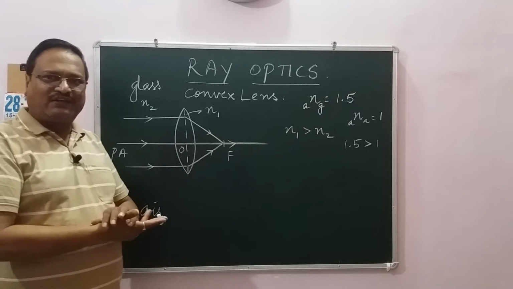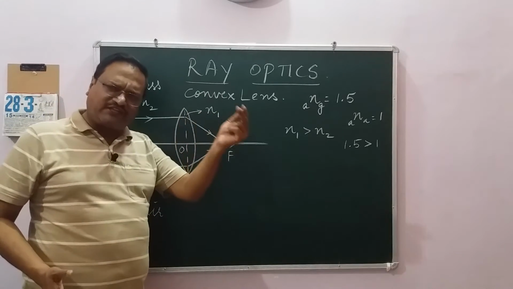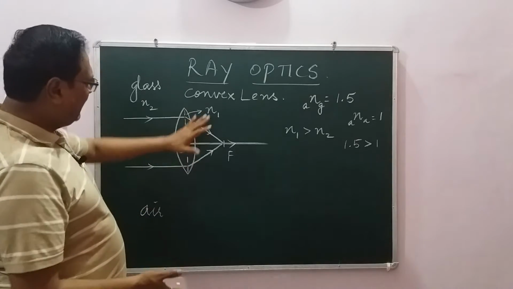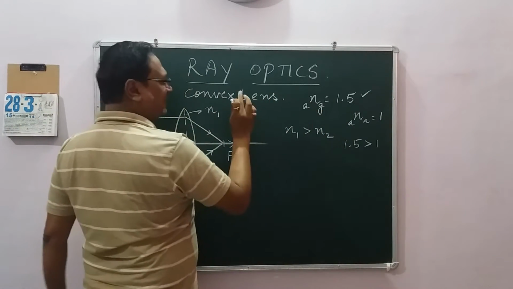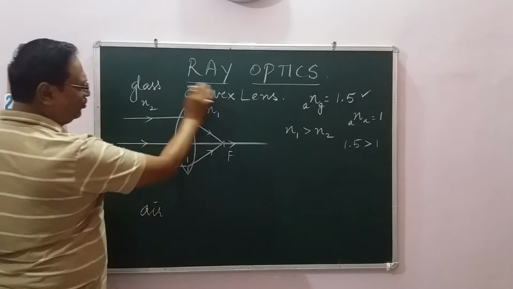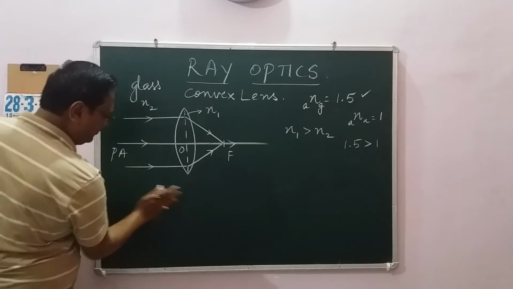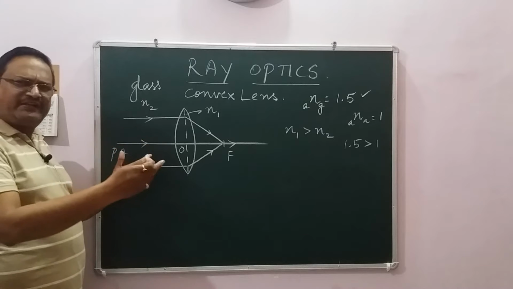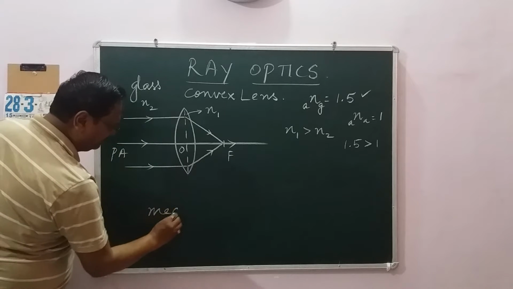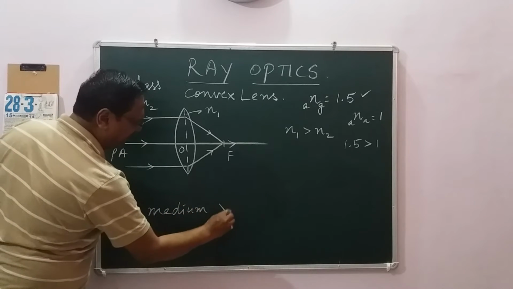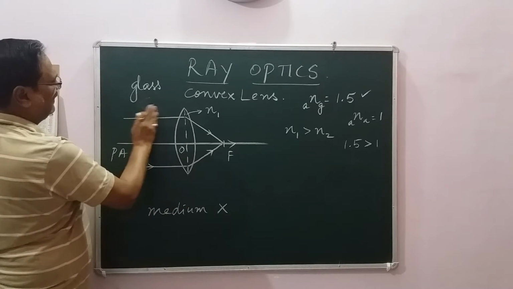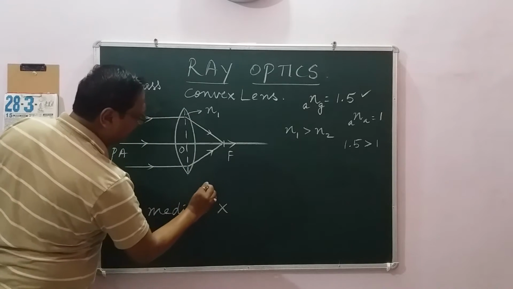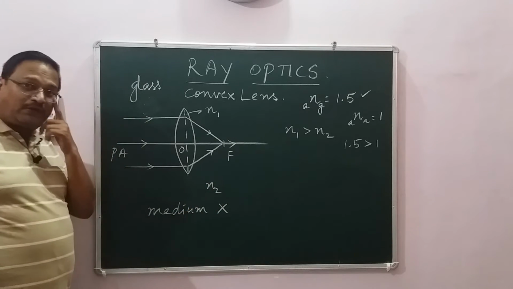You understand? Now suppose I change this a little bit. Glass is there, 1.5, but the surrounding medium is not going to be air. I take some other medium, let us say something X, and that is N2. Let us say the surrounding medium is N2.